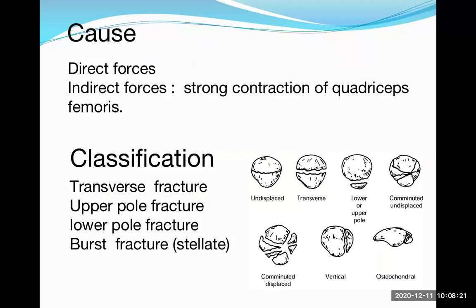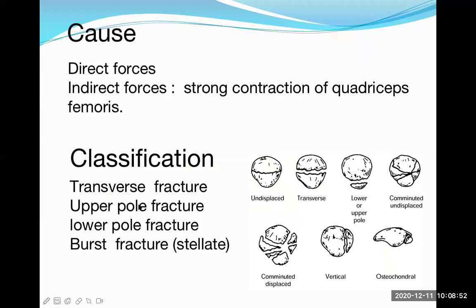So the quadriceps femoris tendon is attached at the upper part of the patella, and from the lower part of the patella, the ligamentum patellae is inserted into the tibial tuberosity. So if there is a vigorous or strong contraction of the quadriceps femoris, the patella may be fractured right in the middle. So this type of case has been seen. Regarding the classification, look at this picture. Okay, it is explaining itself.